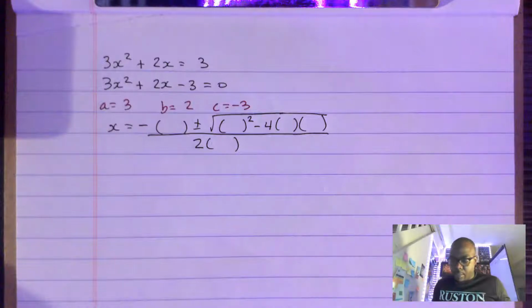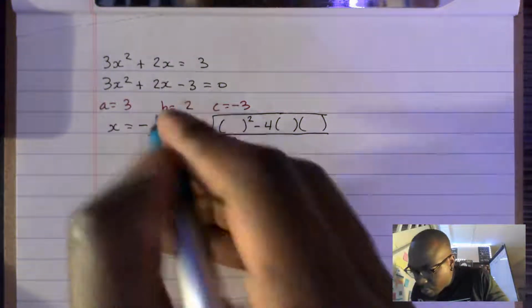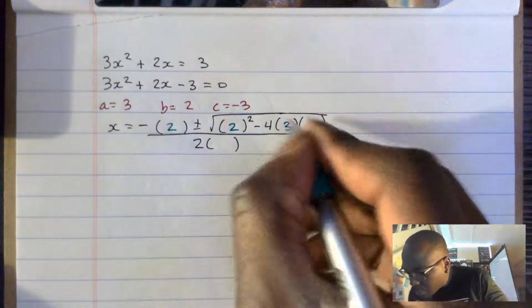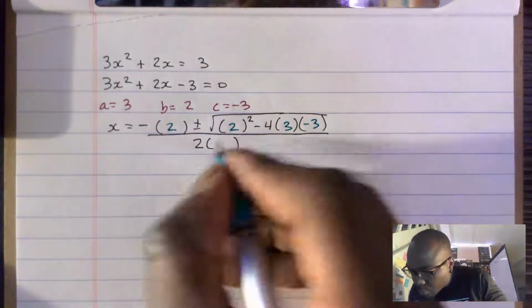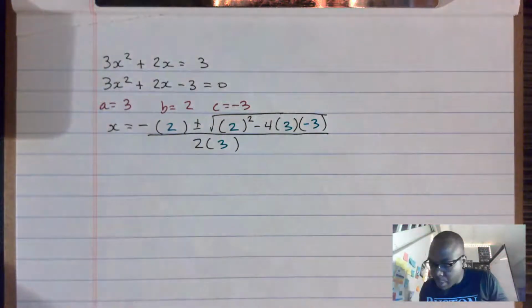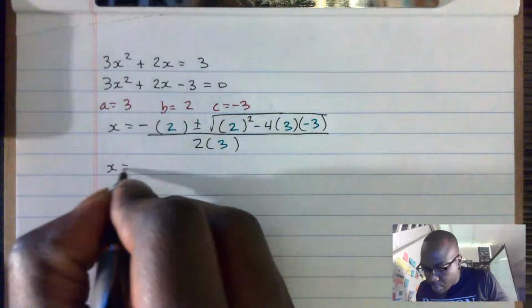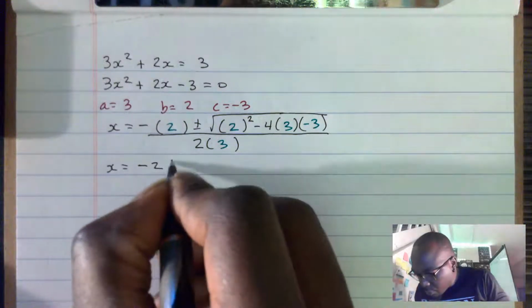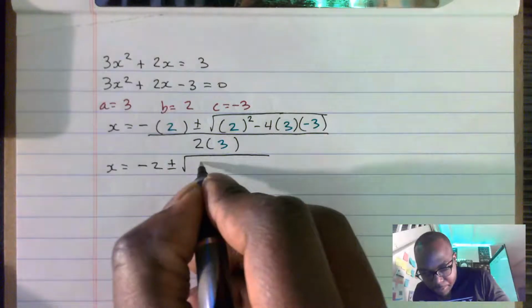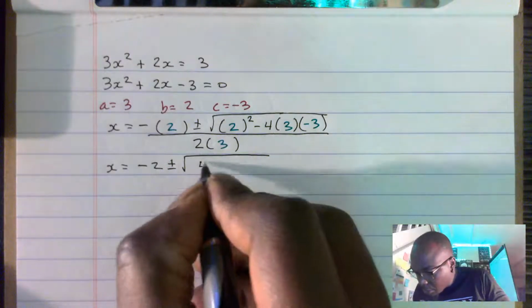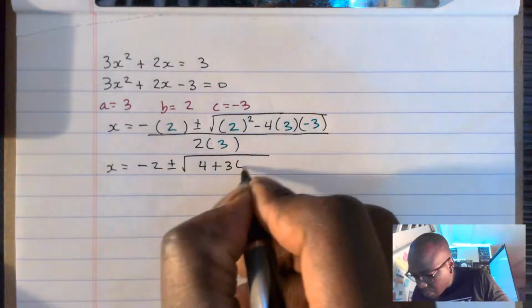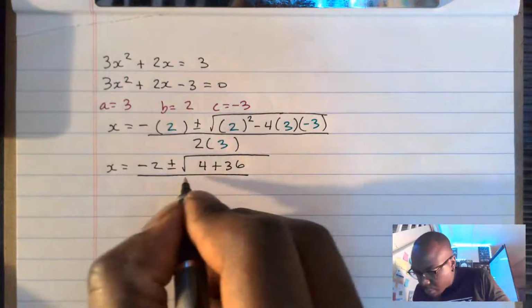So again here, all I'm doing is plugging it in now. b is 2, a is 3, c is negative 3, over 2 times 3. So from there, x equals negative 2 plus or minus the square root of 4 plus 36, all over 6.